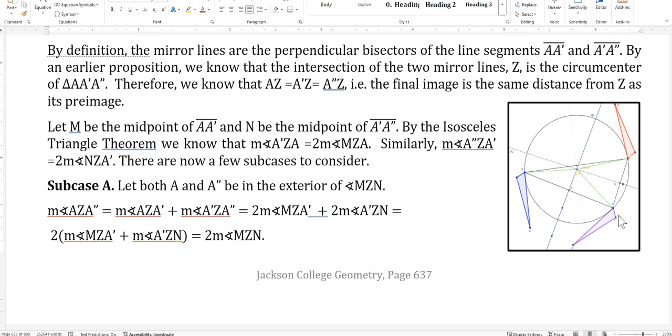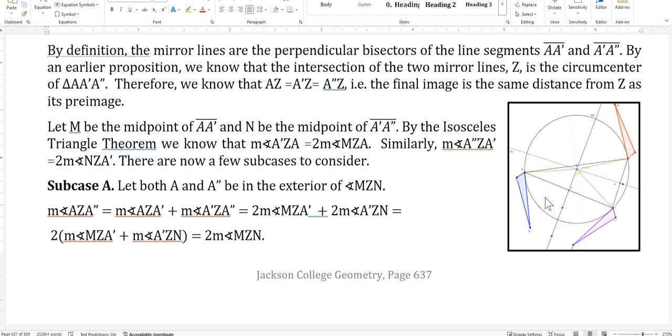Now this angle here is actually twice the angle just from M to Z to A prime. So this one is twice that one. And then again by this isosceles triangle theorem both times, this angle here from A prime to Z to A double prime is twice the angle from A prime to Z to N. We have the two 2's, we factor that out, and when you add these two angles here together, you get the angle from M to Z to N, which is the angle between the two.